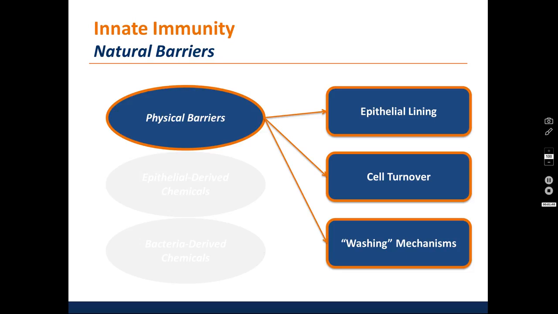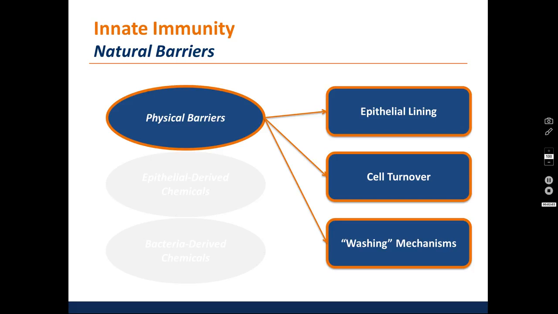So when we think of physical barriers, what we're talking about is epithelial cells that join together so tightly that they don't allow invading microorganisms into the body. As these epithelial cells get older, they actually die off and they're replaced by new epithelial cells. And so we call this a cell turnover.